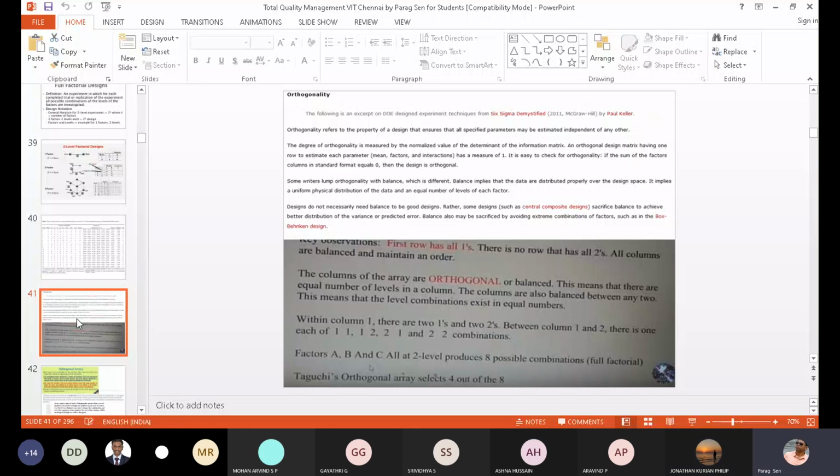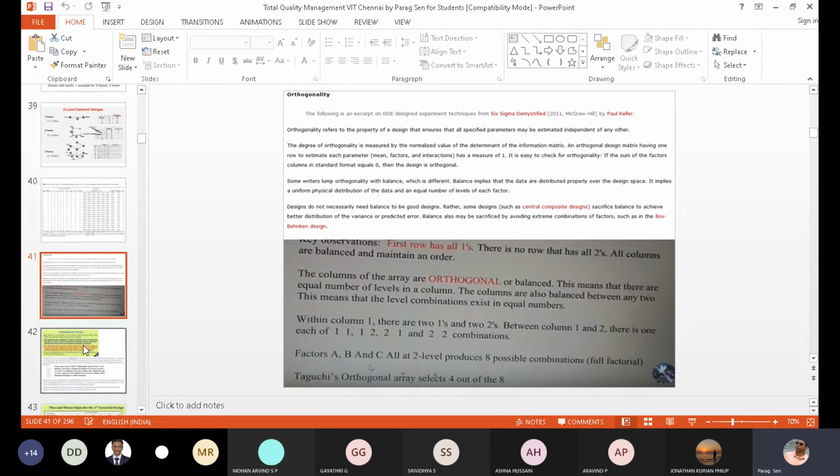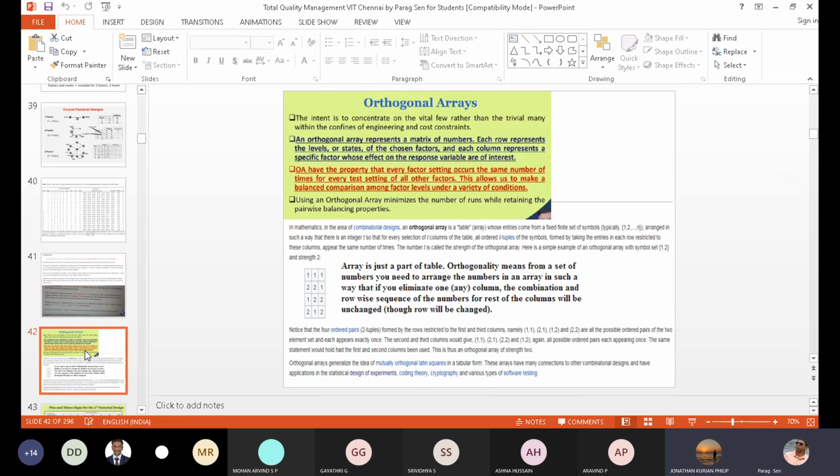In terms of balancing, we will express orthogonality. And there is also another way we can see it, which I am going to discuss.